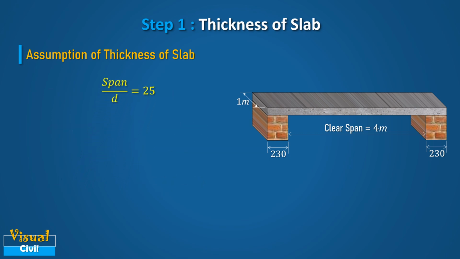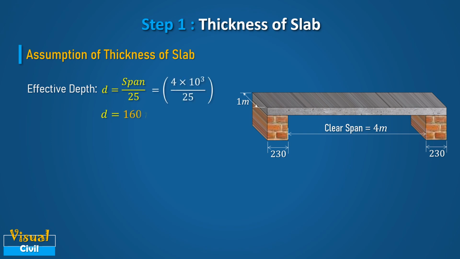For this numerical, let us assume the value of span to depth ratio as 25. Rearranging the equation and putting the value of shorter span 4 meter, we get the initial effective depth as 160 mm. In slab, the minimum cover to the reinforcement shall not be less than 15 mm.